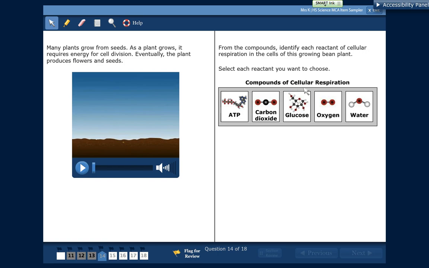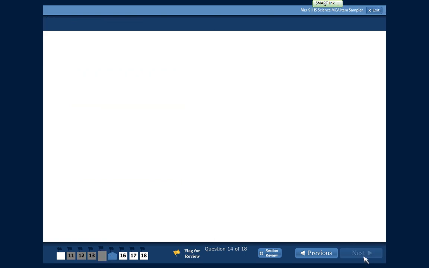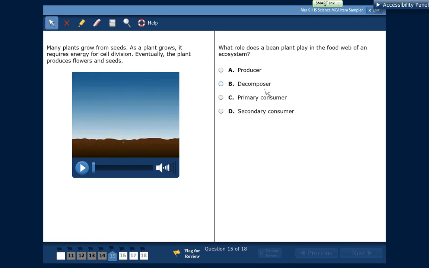Well, a reactant of cellular respiration is glucose, and another reactant, in which humans also need to, because our cells undergo cellular respiration. That's how we produce ATP. We need oxygen to do that. And the other three, water, carbon dioxide, and ATP, are the products. But they only ask for the reactants.